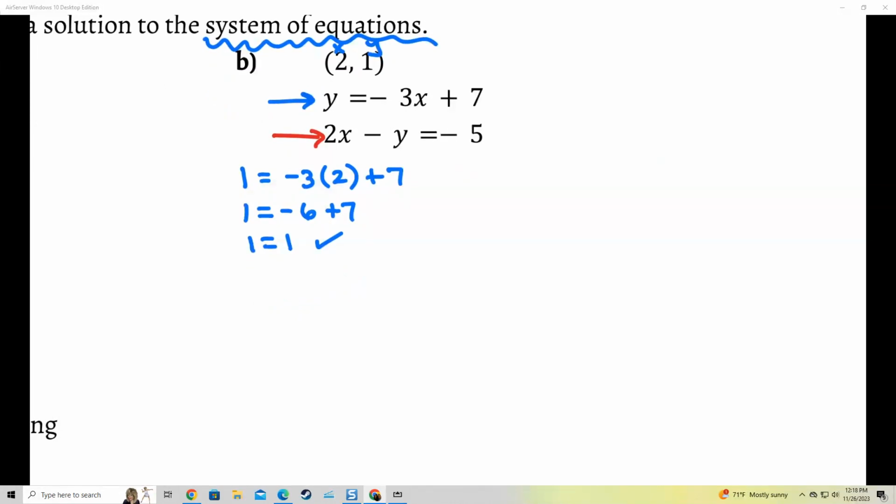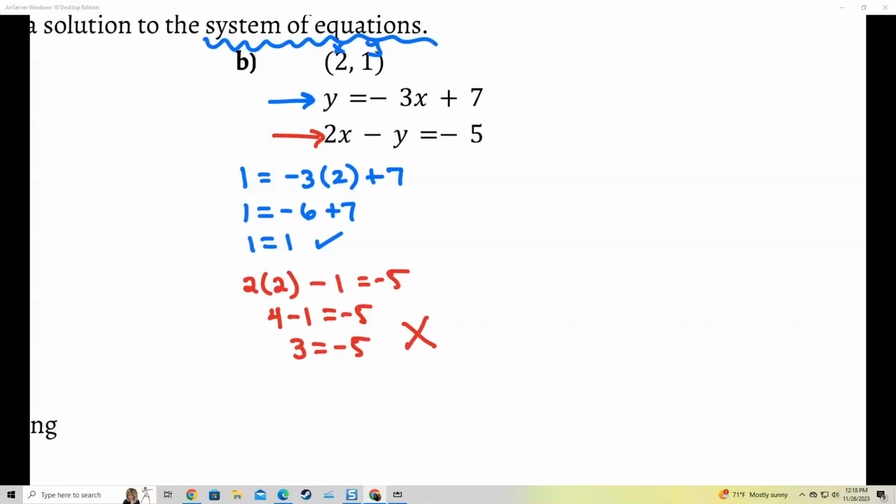What I should write is, sorry, I messed up. I should be writing 2 times my x. My x in this case is 2, minus my y, which in this case is 1, is equal to negative 5. That means 4 minus 1 is equal to negative 5. That means 3 equals negative 5, and that did not work.